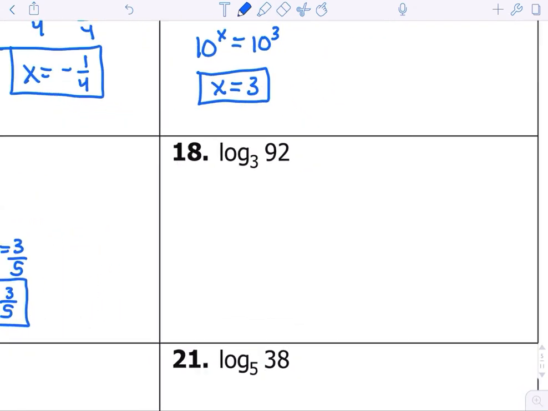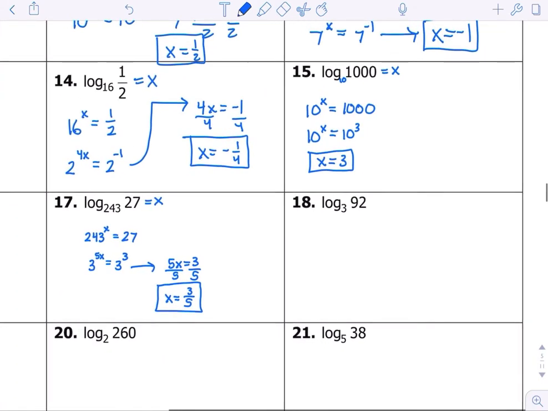Alright, so when you guys do this one, well, first I'll show you. Set equal x, 3 to the x is equal to 92. Now, do you guys notice how for 92, there is no 3 to any power that will give you 92, which means that you guys cannot use changing the log form to be exponential form.